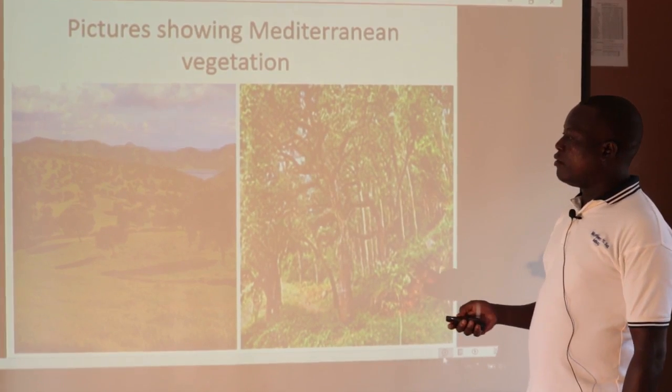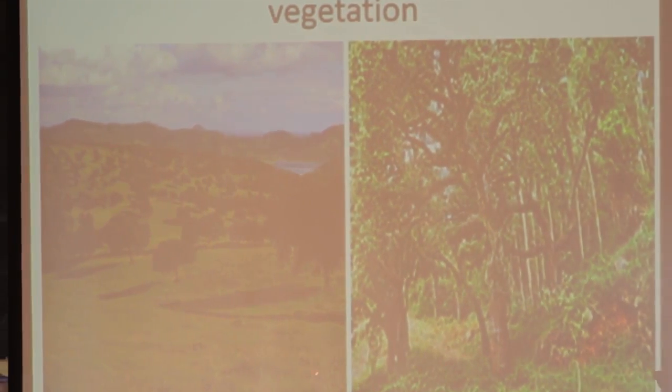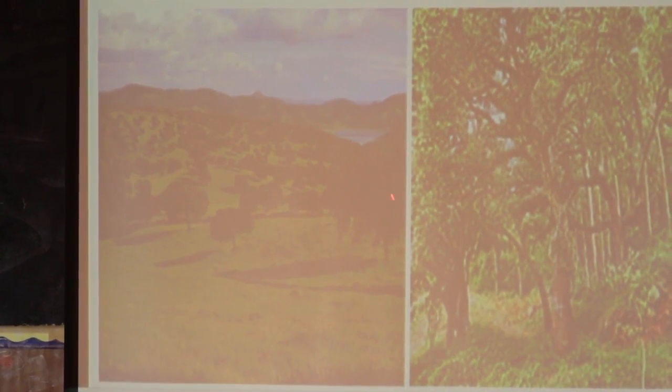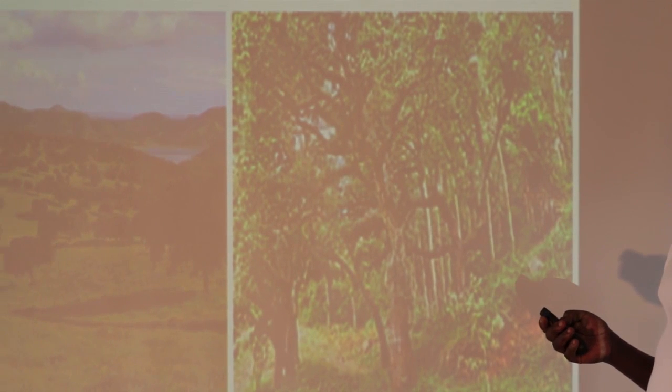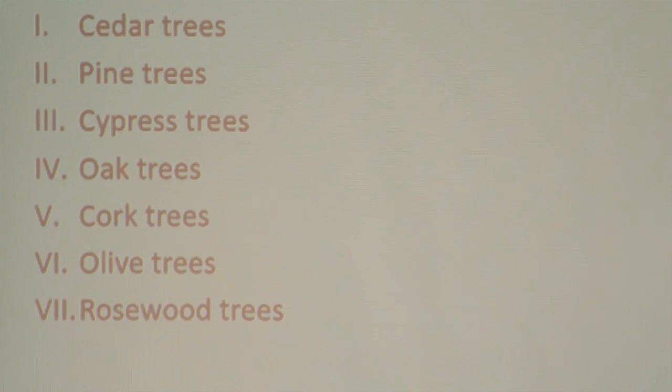Then we also have the grasslands on the other side, that the grasslands are short. You can see in front here. Then the trees behind are also short. So that is briefly what can give us the characteristics. I may not show all the characteristics from here, but you can see them on the board.